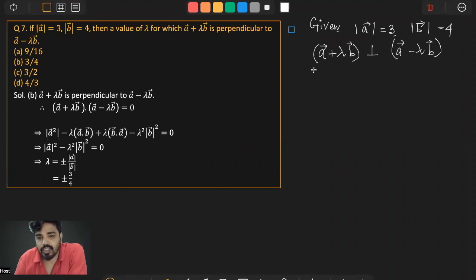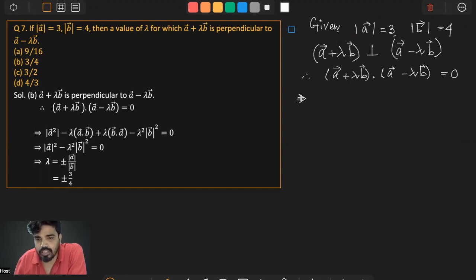So here it is given that A plus lambda B is perpendicular to A minus lambda B. So what can we write? Therefore A plus lambda B dot A minus lambda B is equal to 0. Getting my point?